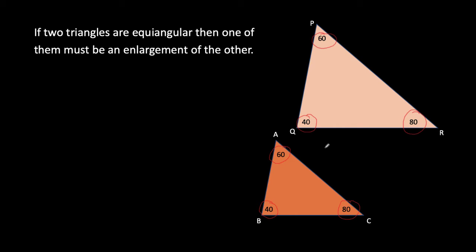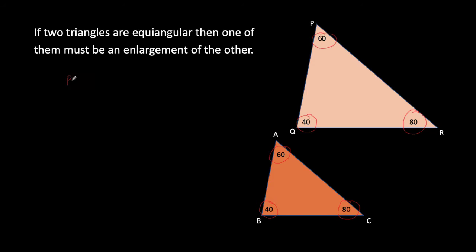The important thing over here is we always have to check the corresponding angles and the corresponding sides. With the 60-degree angle, what are the sides attached? That is PQ and PR. What would be the corresponding side of PQ?